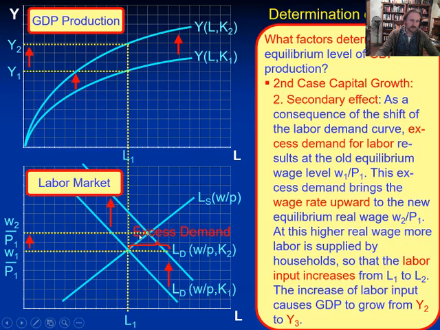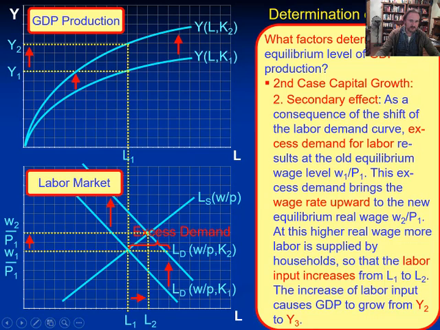At this higher real wage, more labor is supplied by households, so that labor input increases from L1 to L2.